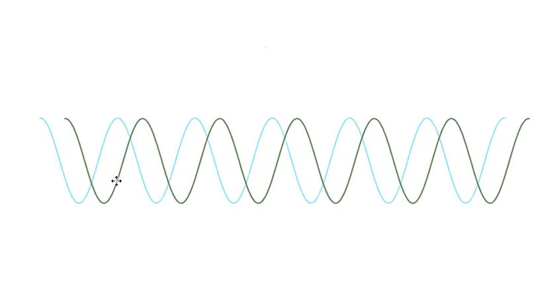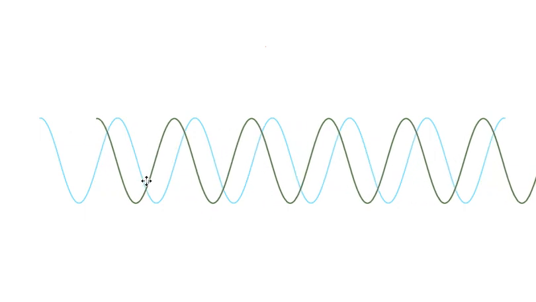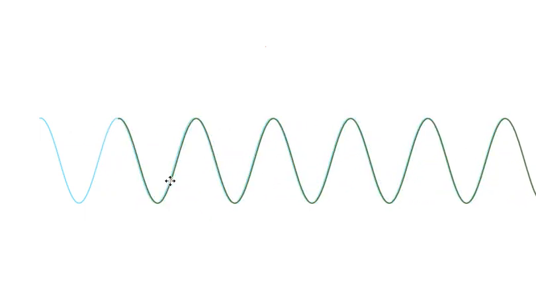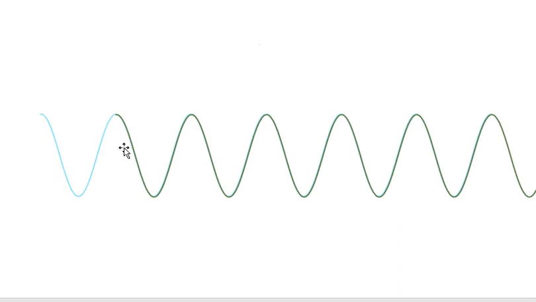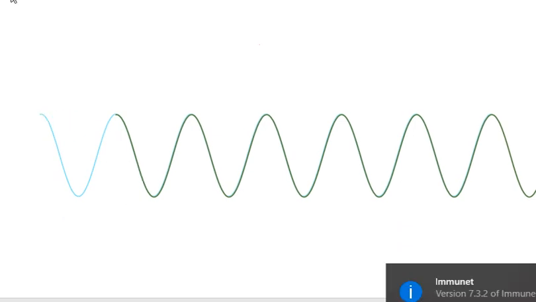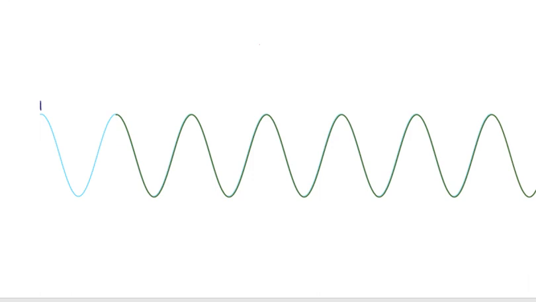As I'm moving it one wave forward, you can see that I just moved it one wave forward. What is the distance I have covered from this particular point till this particular point? It is one complete wavelength.